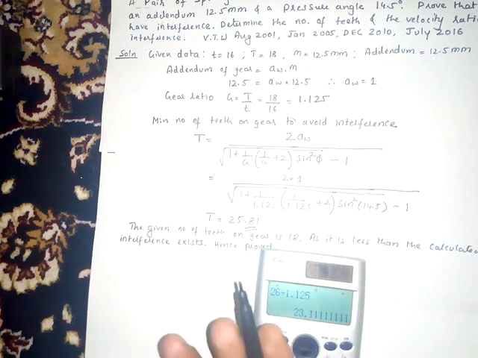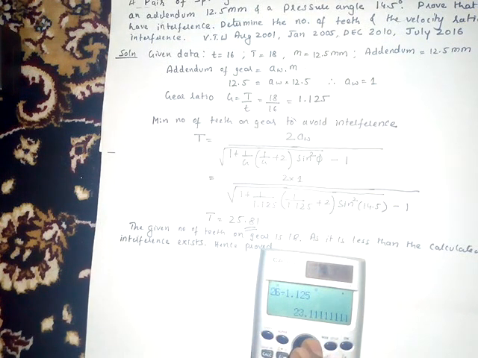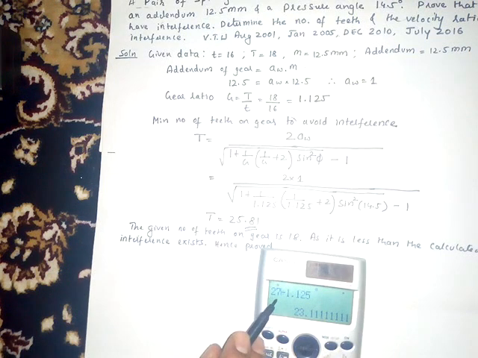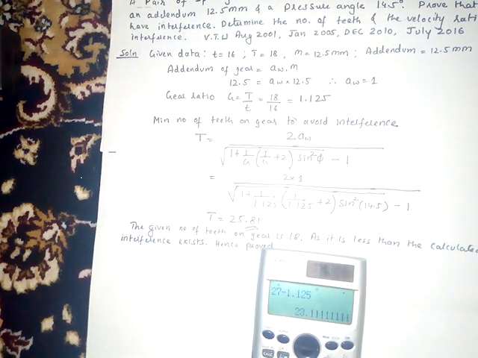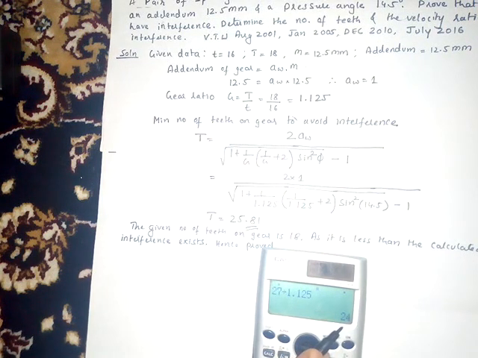So what is the solution? We need to go to the next number and select 27 and check whether 27 is suitable or not. So I will take 27 divided by G, so that I get the value of small t. 27 divided by 1.125 comes out to be 24.